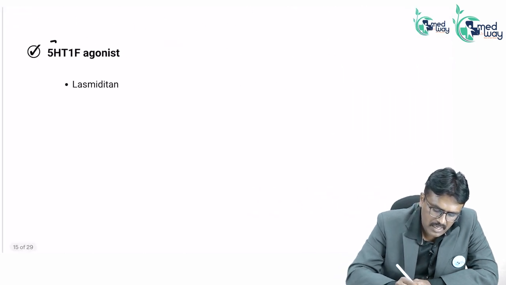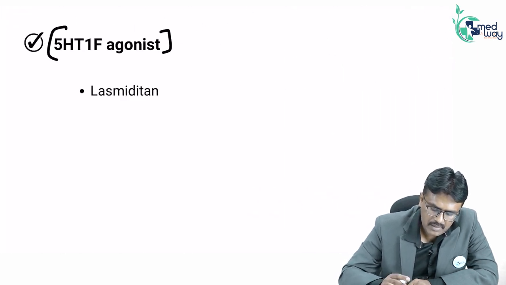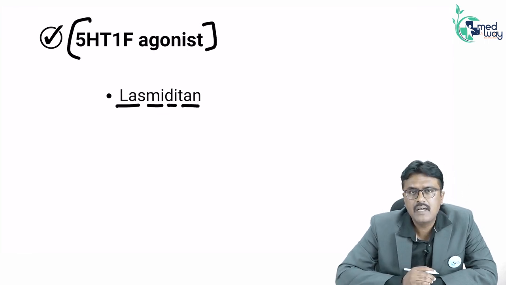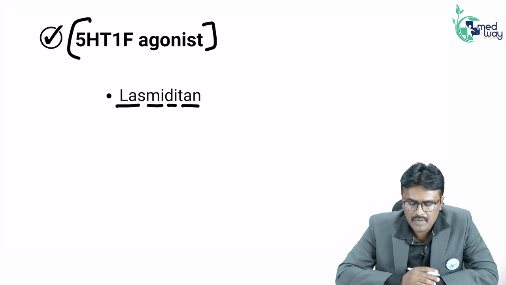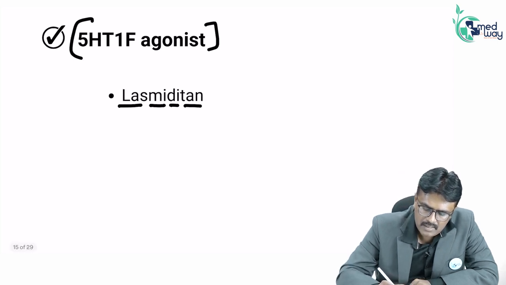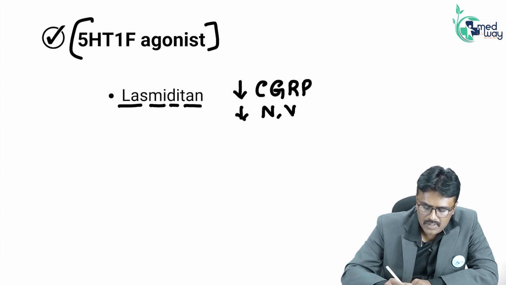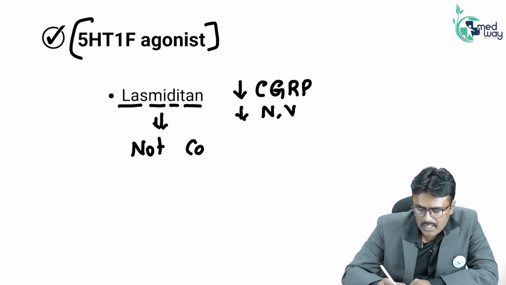Then I told you there is a 5-HT1F agonist. The name of the drug is lasmiditan. What is the specialty of this? This mainly decreases CGRP and it decreases nausea and vomiting. But one advantage of this drug is it will not cause vasoconstriction.